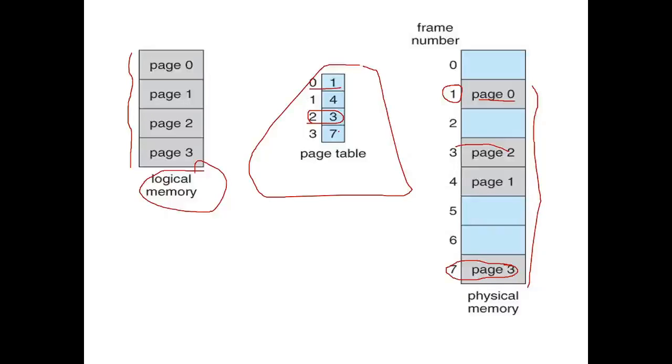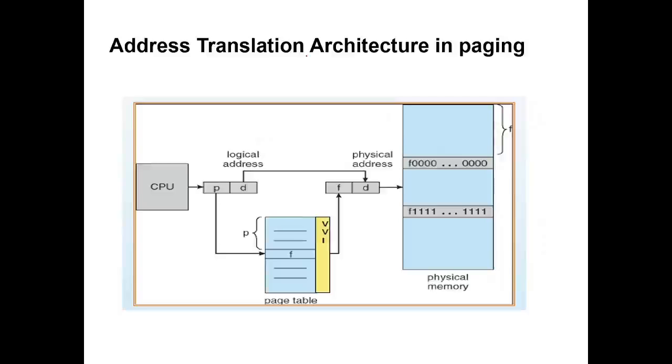So this way the information is stored. We also call these the index numbers of those pages. And this is the address translation architecture in paging.